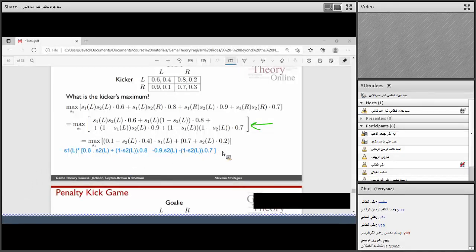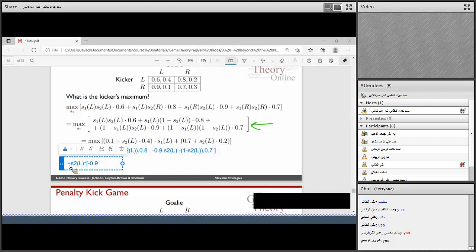So if I simplify this, what do I get? Well, there's more, of course. There's S2 times something. There is plus S2 of L alone being multiplied. So 0.9, so plus S2 of L multiplied by minus 0.9 and then minus 0.7.